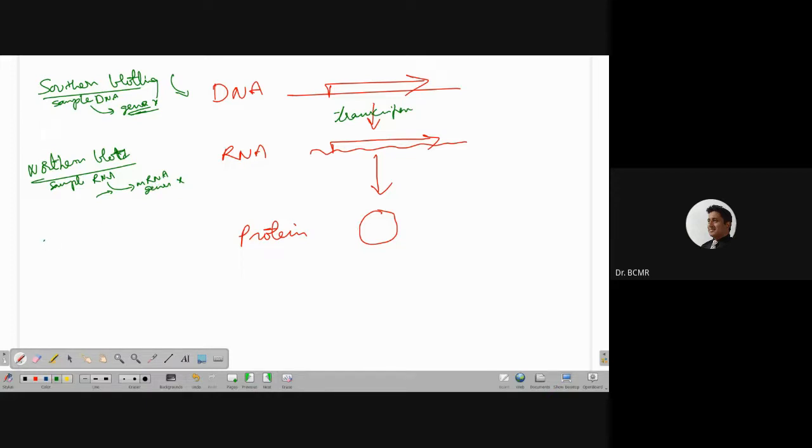And then we have another one called Western blotting. We would have taken the total protein of a cell and checked if protein X is produced or not.